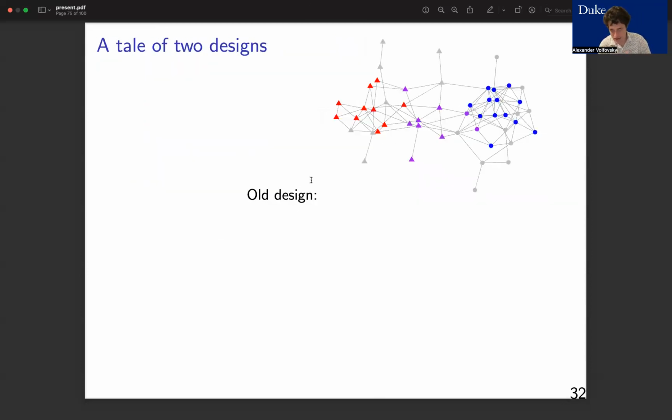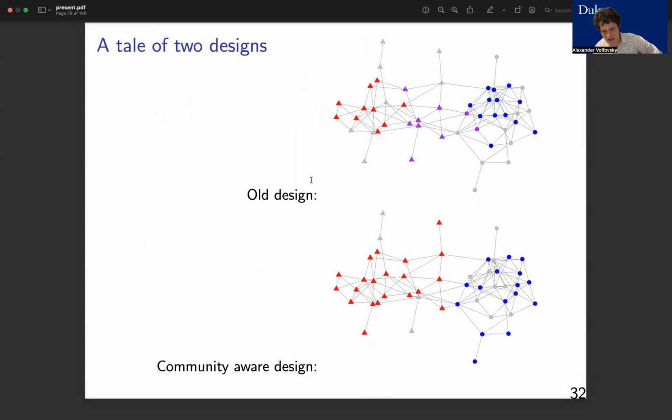Well, the old design looks like this. The new design looks like this. This community-aware design, all it's doing is you first do community detection using your favorite community detection algorithm. And then, conditional on the community detection, you apply graph cluster randomization within each of the communities.